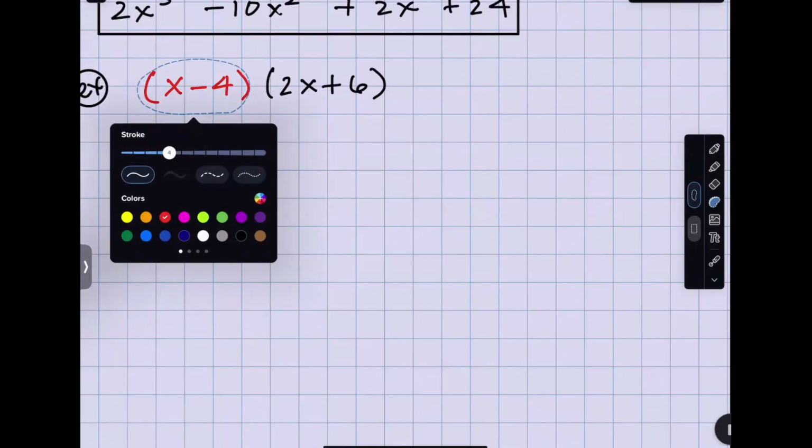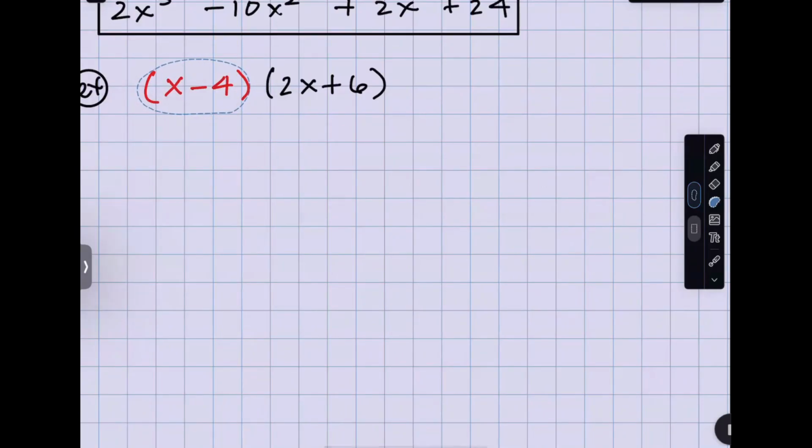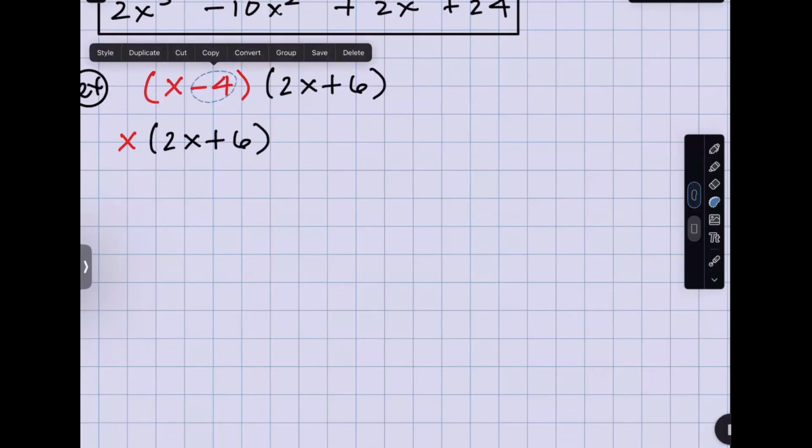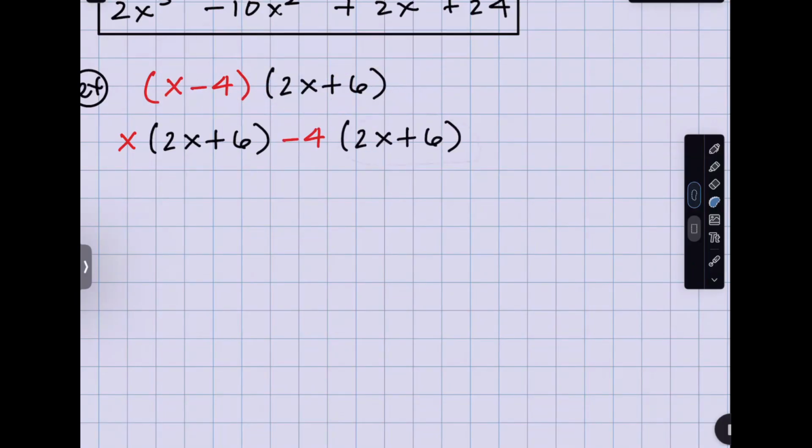Okay? So, if I was to double distribute, here's what I would do. Right? I got that. Then I take the first term. I'm going to distribute through here. Take the second term. I'm going to distribute through here. Right? That is double distribute. Take the first term, distribute it. Take the second term, distribute. Then if I need to, I can always write these out.